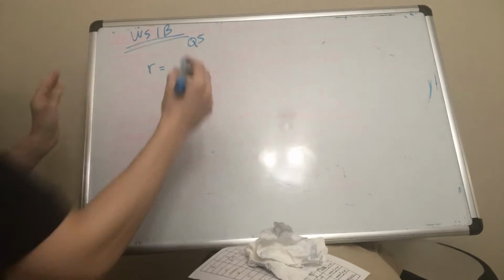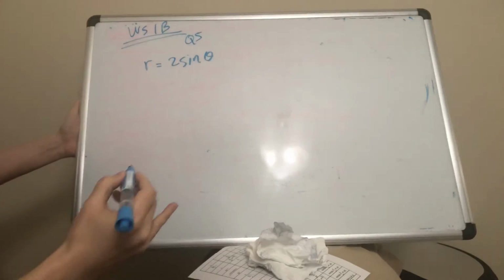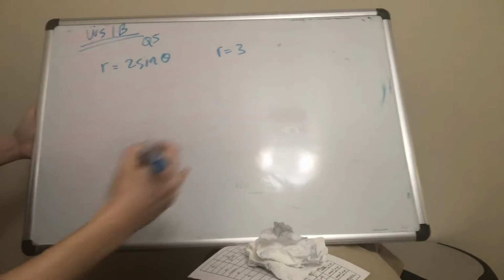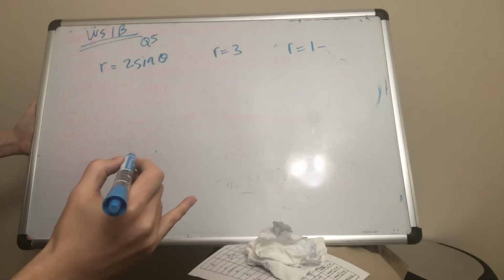They want it to be in XY. So this is r squared equals 2r sine theta. Here is r equals 3. And here is r equals 1 minus cosine 2 theta.